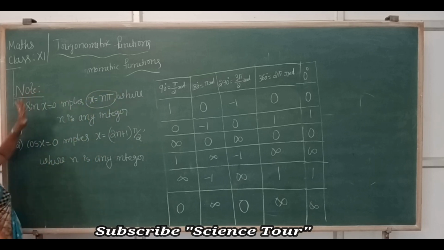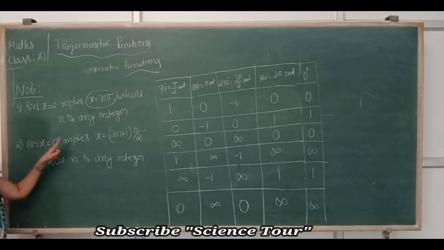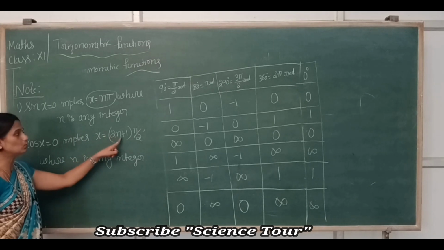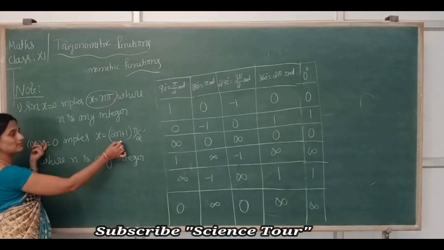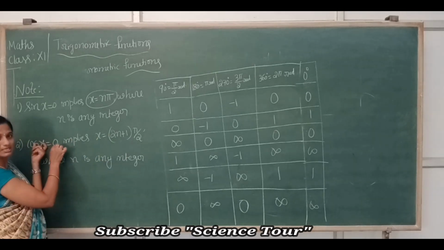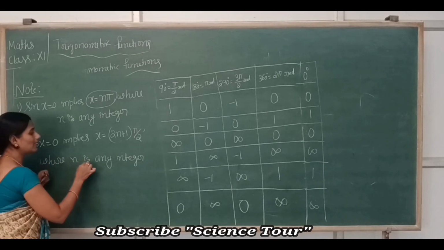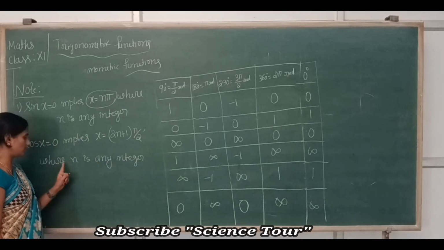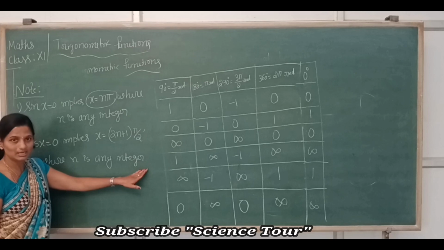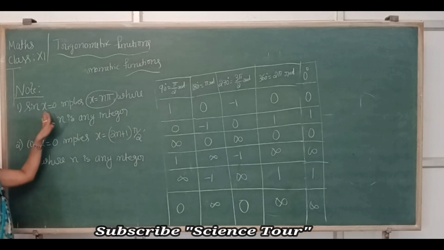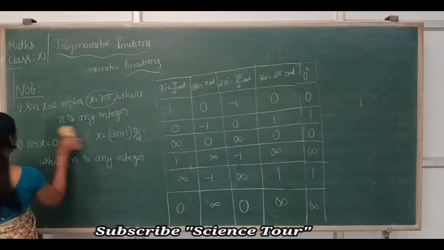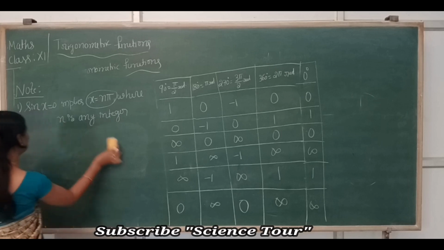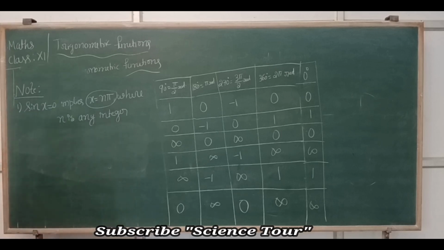Next, cos x is equal to 0 implies x is (2n plus 1) pi by 2. When x takes this value, then cos x comes as 0, where n is any integer. First I will explain this one: sin x is equal to 0 implies x is equal to n pi, where n is an integer.